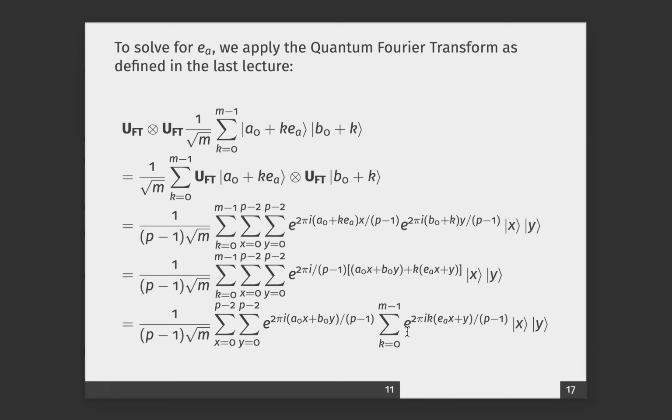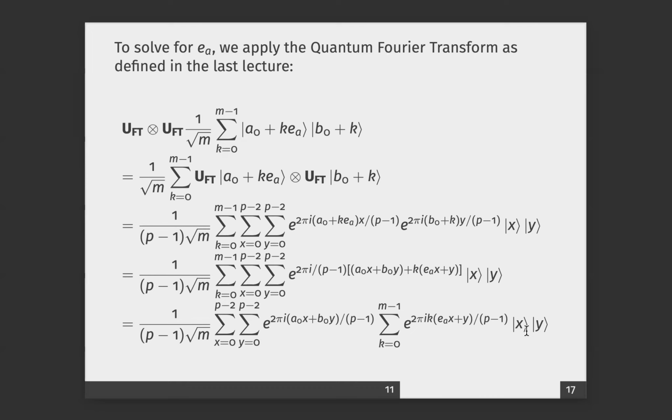So if you measure the input register, since the input register is in a superposition of x and y, it will give you a definite value of x and y. However, there are some values of x and y that are highly probable to occur.